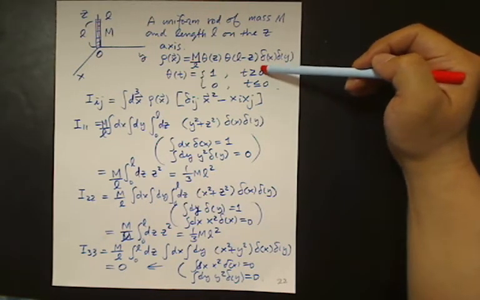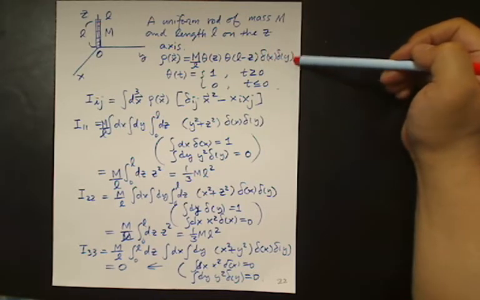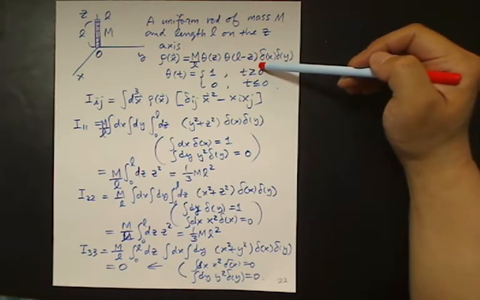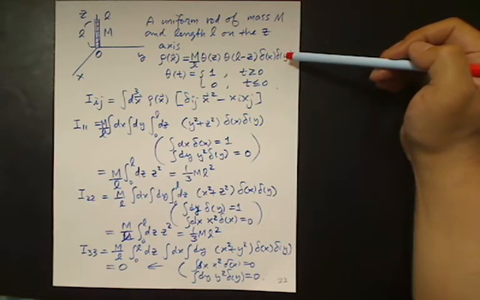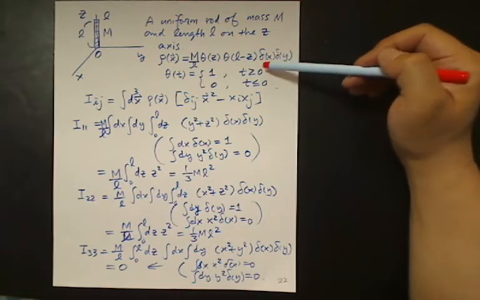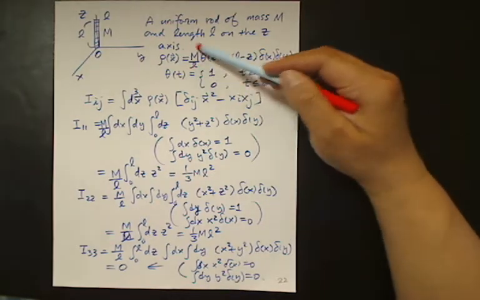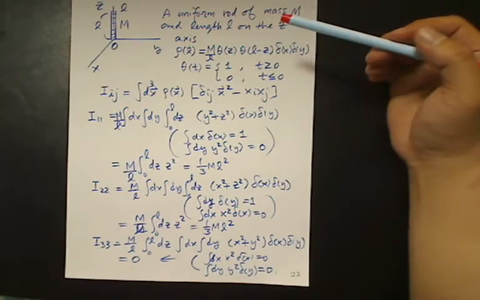This one becomes identity after x integral. This one becomes identity after y integral. Therefore, the dimension of delta x is 1 over length, and dimension of delta function for y is 1 over length. So this is 1 over area. That means our choice is correct. Choice of the dimension is correct.